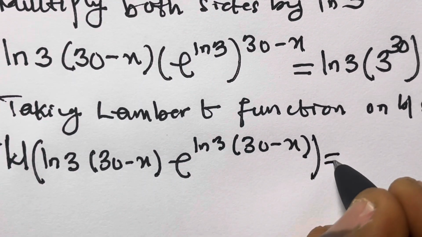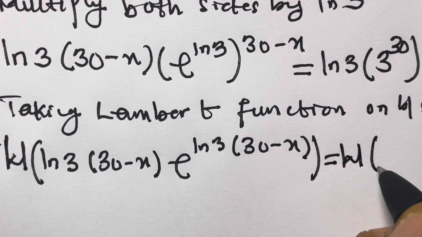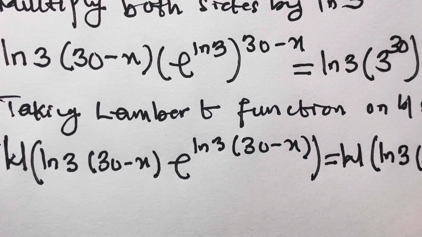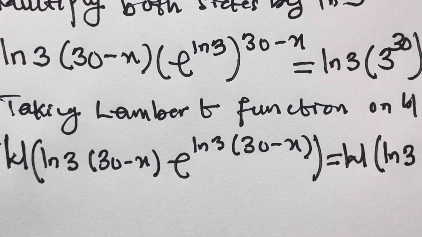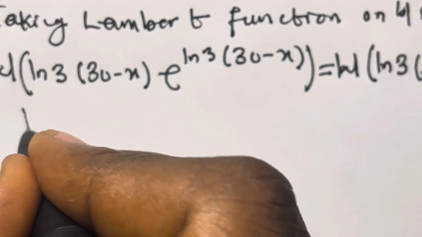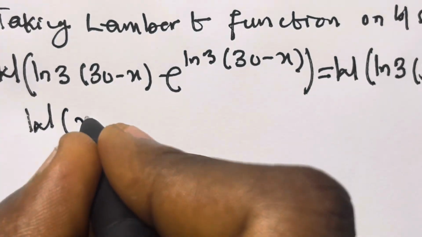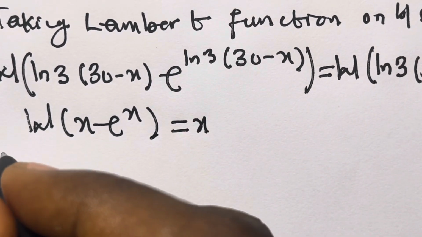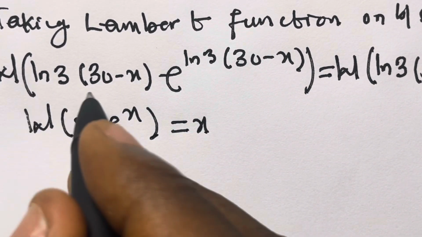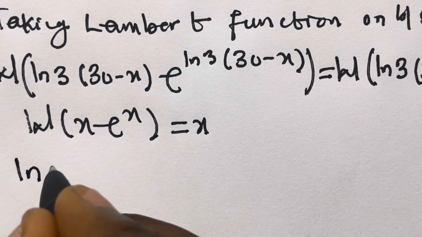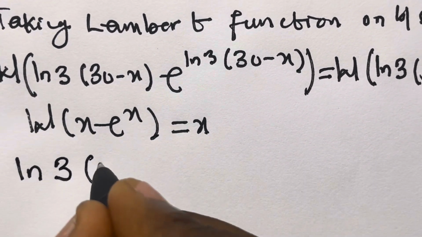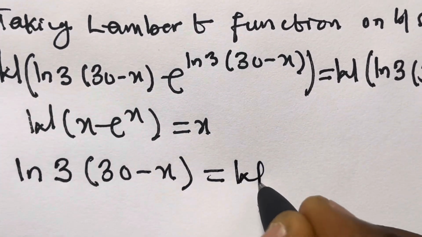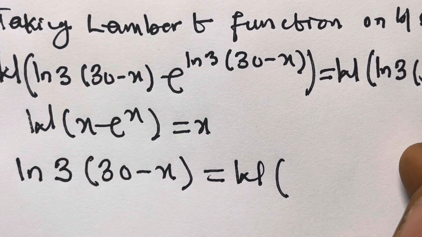So this equals the Lambert function of ln 3 multiplied by 3 raised to the power 30. But recall that whenever we have the Lambert function of x times e to the power x, this equals x. So this will become ln 3 multiplied by 30 minus x equals the Lambert function of ln 3 times 3 raised to the power 30.